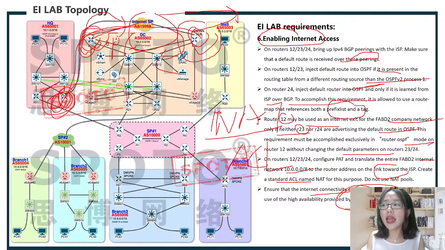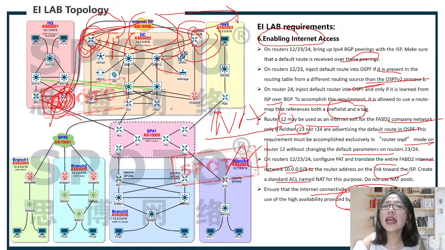So as long as either router 23 or 24 can advertise the default route, the default route advertised by router 12 won't be added to the table.